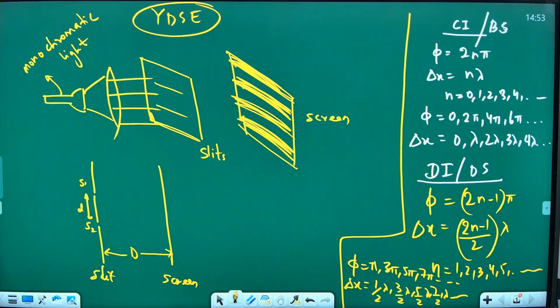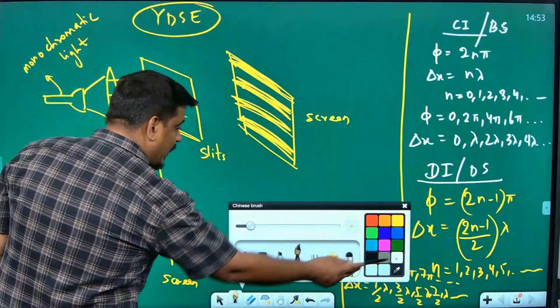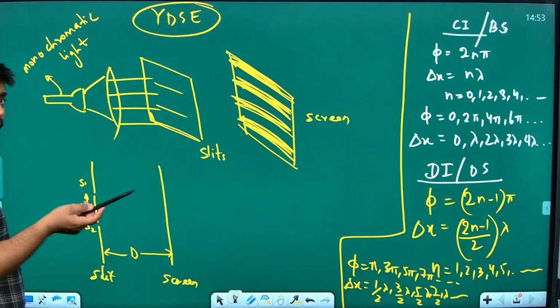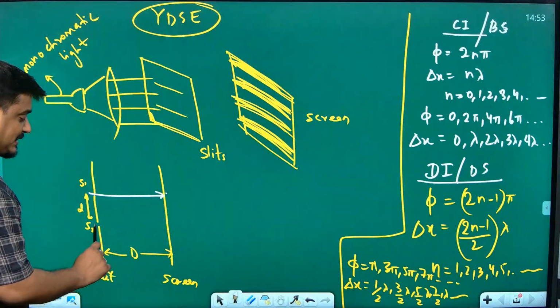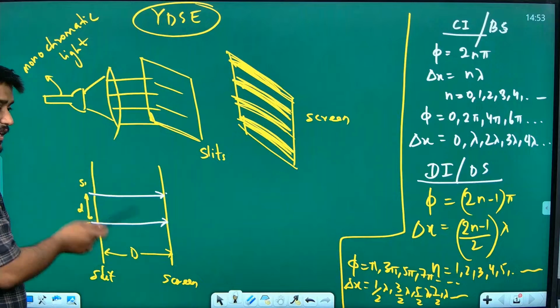Fine. So, what did Young say? Young said that two light beams are not entering like rays. If it would have entered like a ray, it would have gone like this, made a brightness here, gone like this, made a brightness here, and everywhere else darkness.